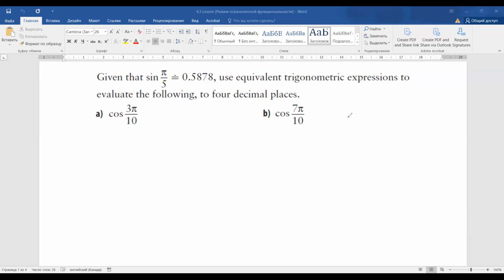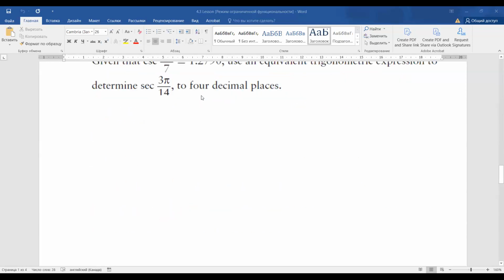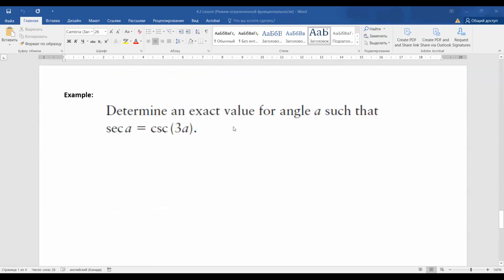Okay, it seems like I cannot make any rooms. Wait, 3 pi over 10, 7 pi over... Yeah, we just did the same one. Wait. Yeah, we also did this one.